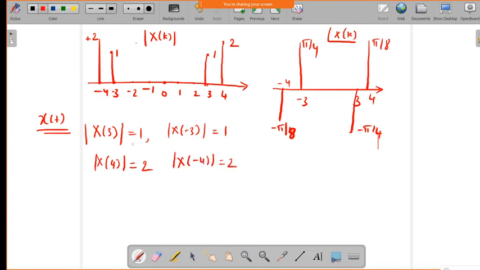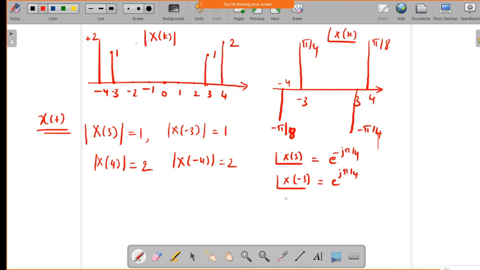So this is the magnitude spectrum, and the phase we know here is pi by 4. The angle of X of 3 is e power minus j pi by 4, and the angle of X of minus 3 is e power plus j pi by 4.